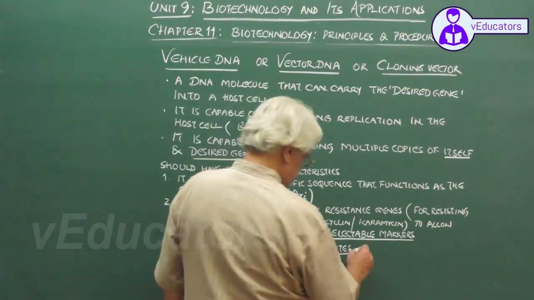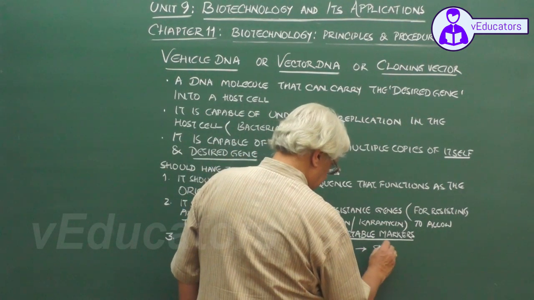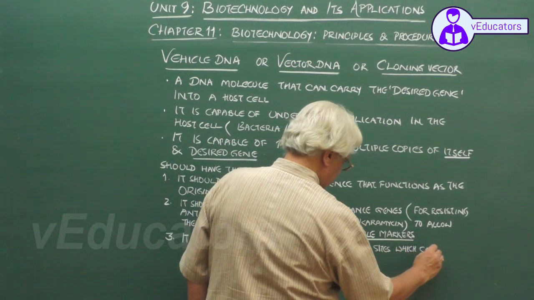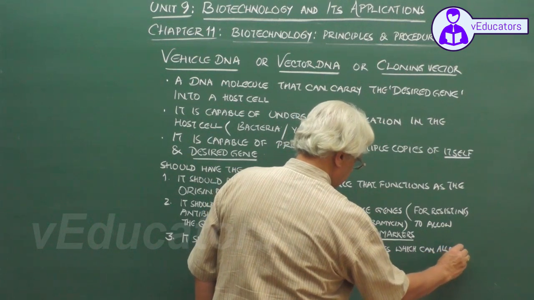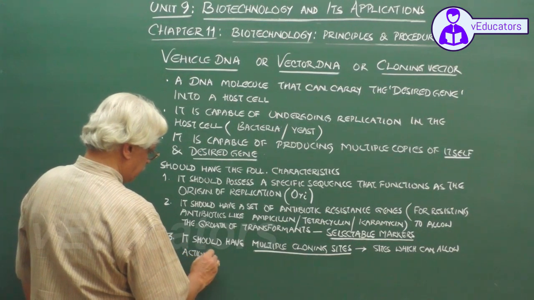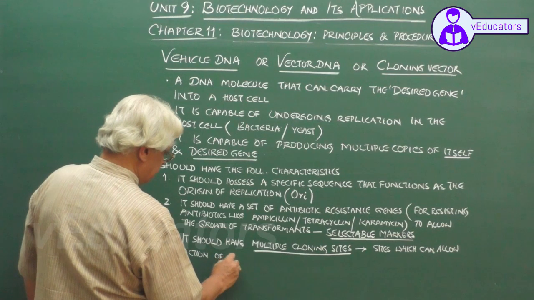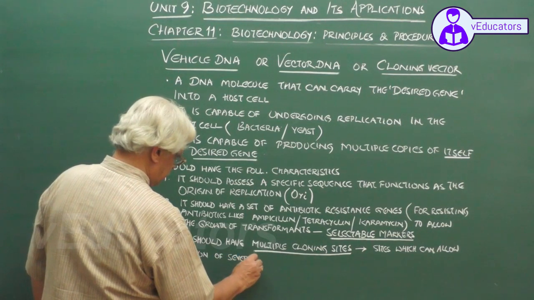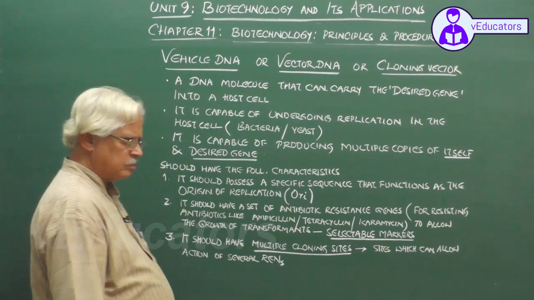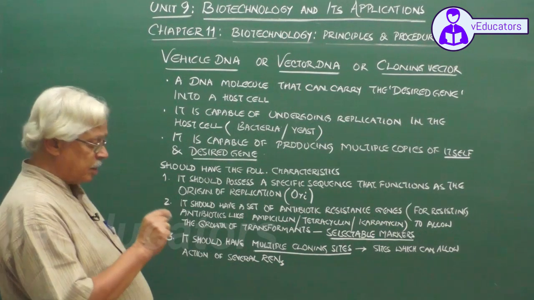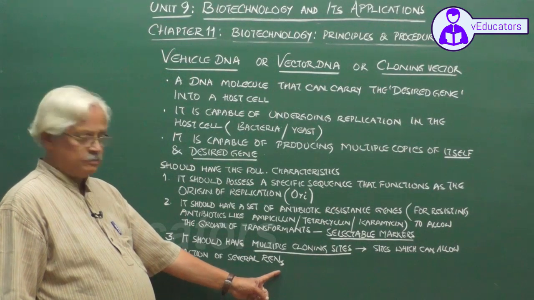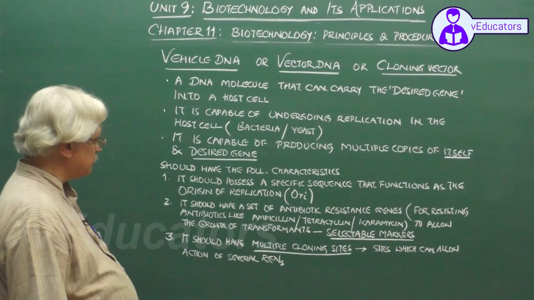These sites can allow action of several restriction endonucleases. So these are regions that contain various palindrome sequences that can be recognized by specific restriction endonucleases.